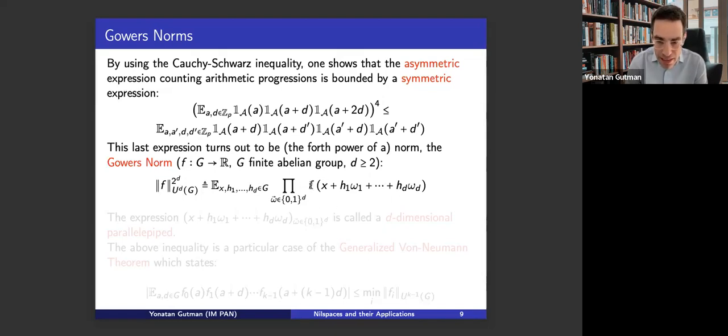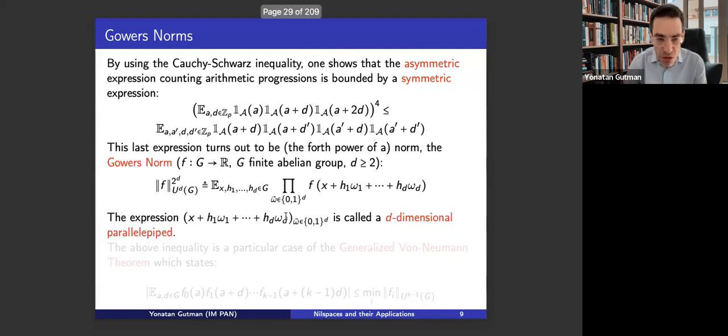And in this product appears something called the d-dimensional parallelepiped, because, of course, this is a discrete parallelepiped. You take here x plus h_1 omega_1 up to h_d omega_d, and the omegas are 0s or 1. So this looks like a parallelepiped rooted at x. Notice that it is non-negative, and it is even a norm.